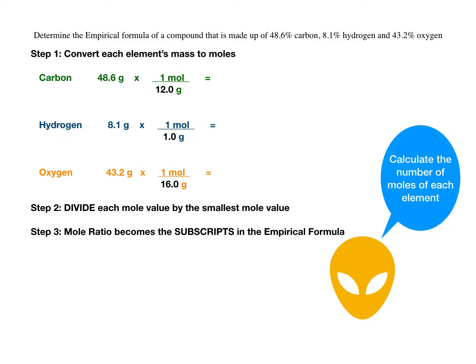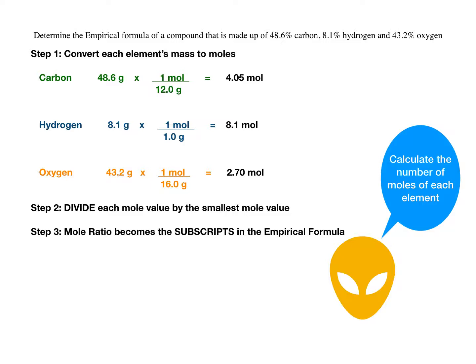So get out your calculators. Hopefully you have these calculated, and take a look. 48.6 grams of carbon equates to 4.05 moles of carbon. 8.1 grams of hydrogen equates to 8.1 moles of hydrogen, and 43.2 grams of oxygen equates to 2.70 moles. So each element's mass has been converted to moles.